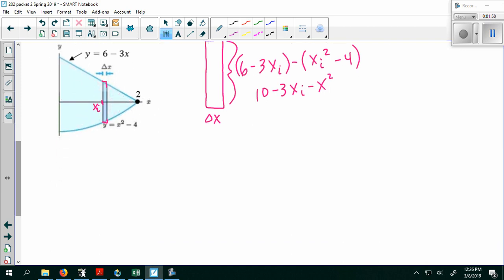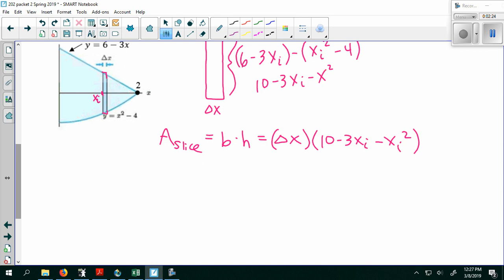All right, so the area of that slice, that one single sliver of a rectangle, its area is base times height. My base is delta x, and the height is 10 minus 3x_i minus x_i squared.